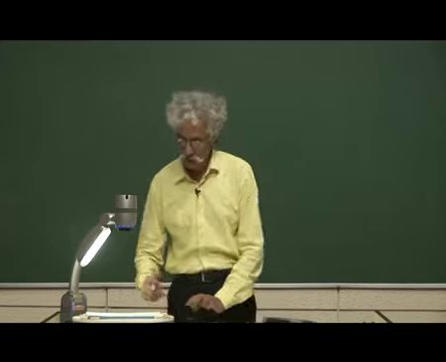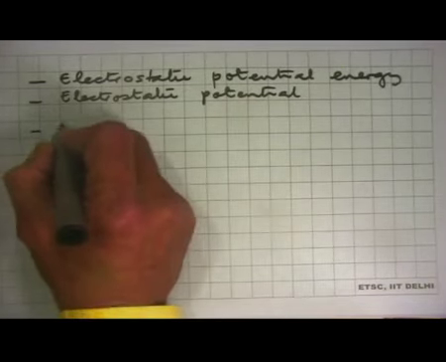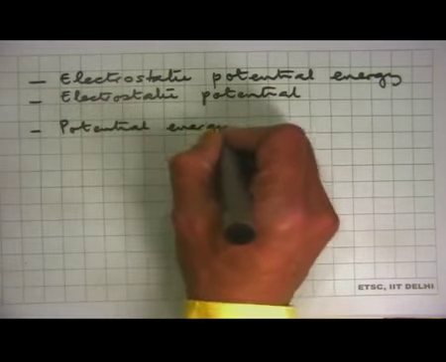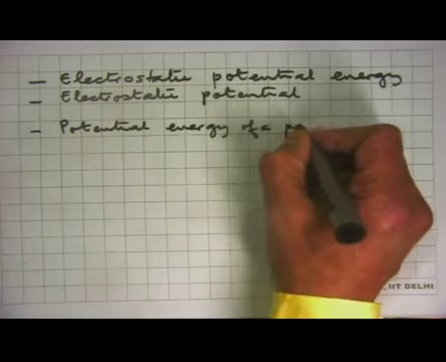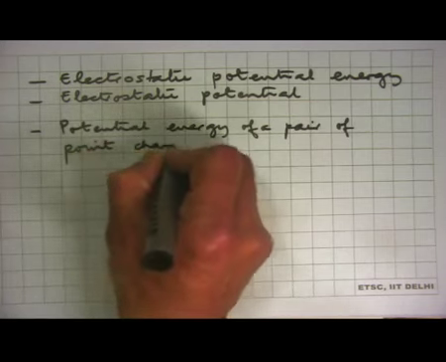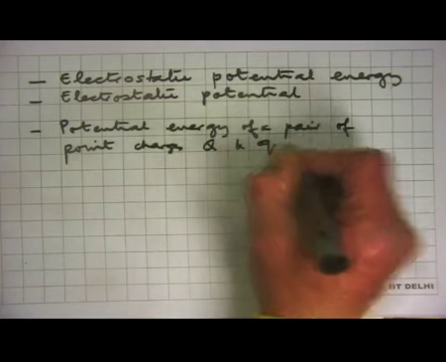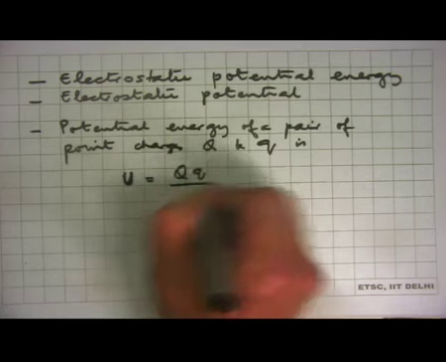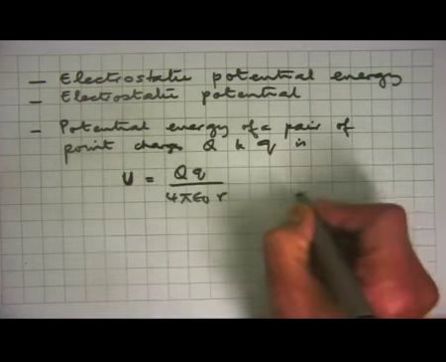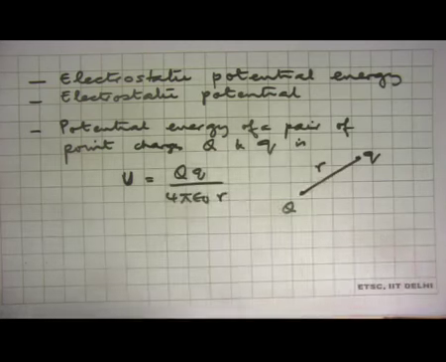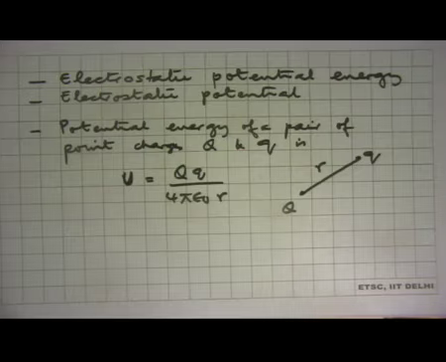So, we had derived that the potential energy of a pair of point charges Q and q is U equal to Qq by 4 pi epsilon 0 r, where this is the charge, capital Q, the small charge q, and this distance is r. So, that defines the potential energy of a pair of point charges.